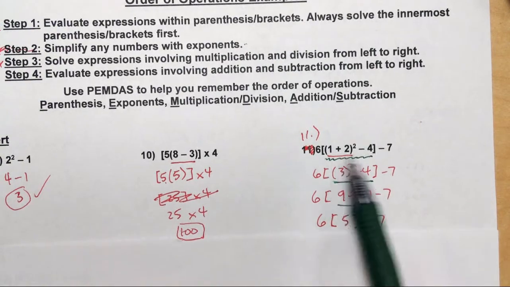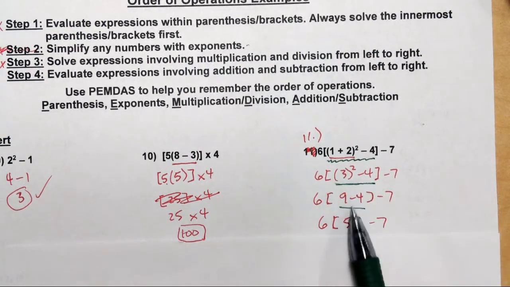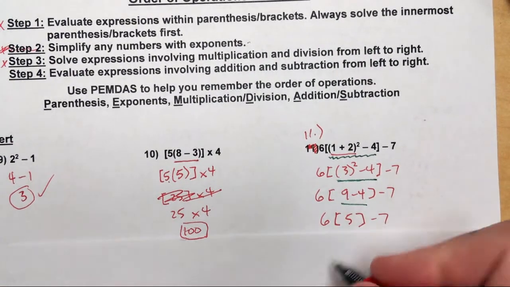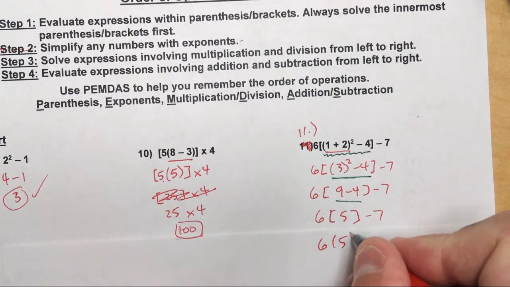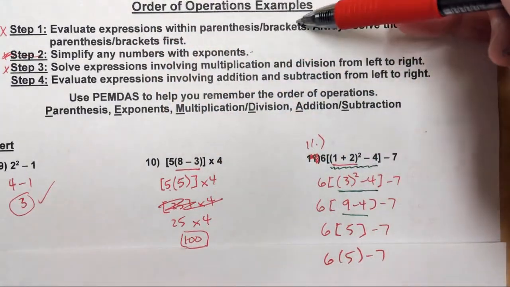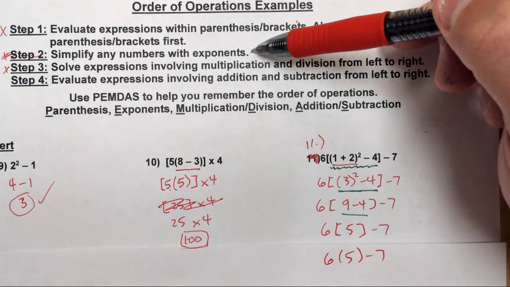So the innermost parentheses were taken care of. Now the outermost parentheses are being simplified. And so now that all this is essentially done, we basically have just 6 times 5 minus 7. I'm done with step 1 because we've simplified the parentheses and brackets. There are no more exponents because those got simplified out.